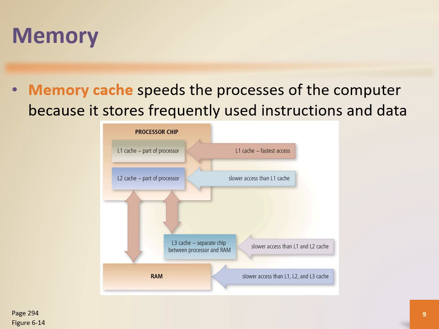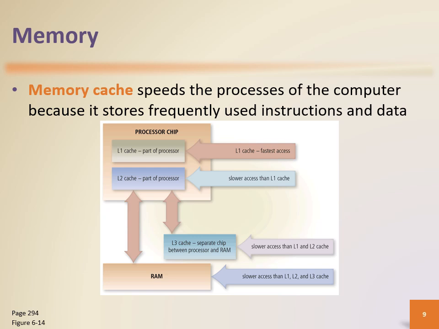Cache memory is also of three types: L1 cache memory, L2 cache memory, and then there is another cache memory, that is L3. So when the processor needs an instruction, it will search first of all L1 cache. If it finds it, then it will do its work. Else it will search in cache memory 2, that is L2.